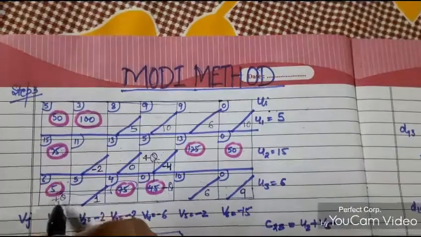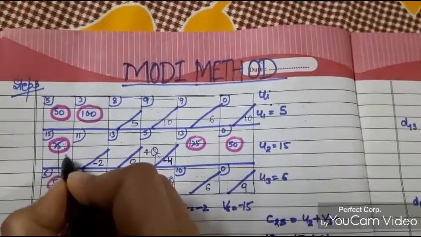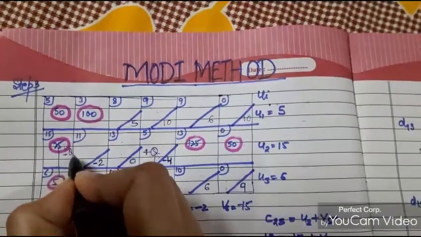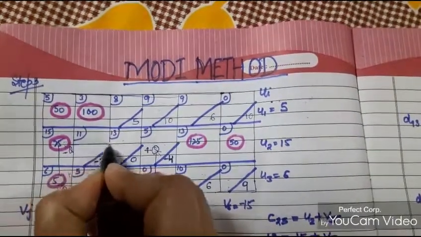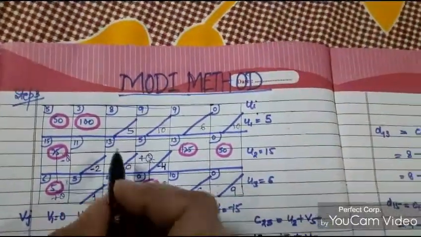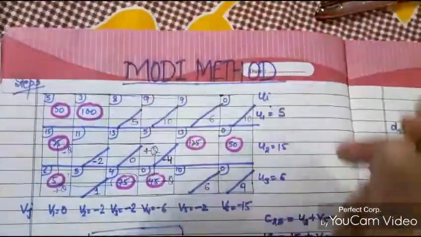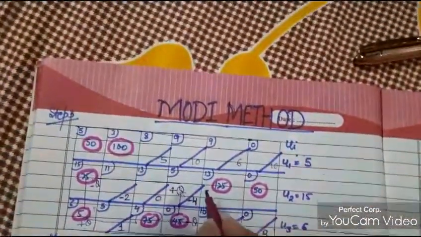So I join this theta, then assign minus theta to this cell, and then join directly to this one. Here you can see that we got a closed path.